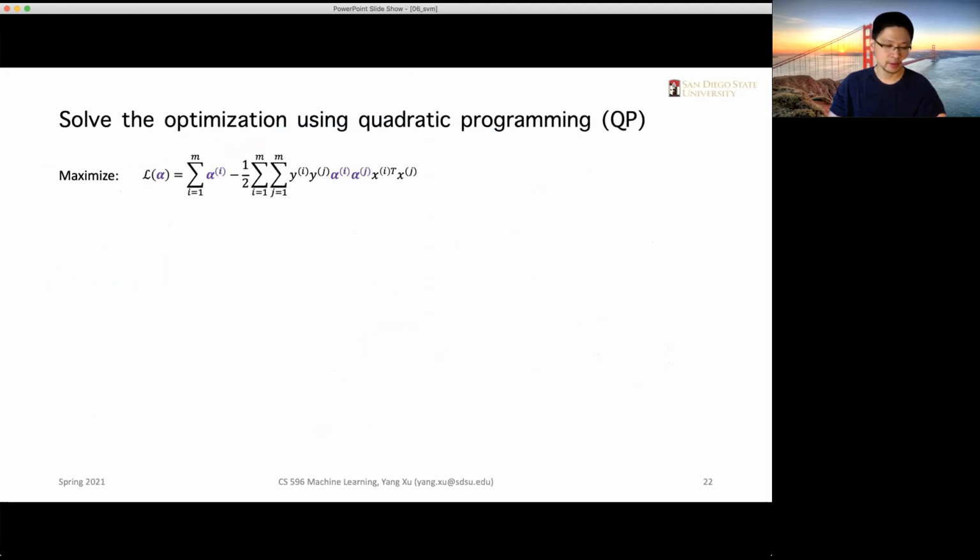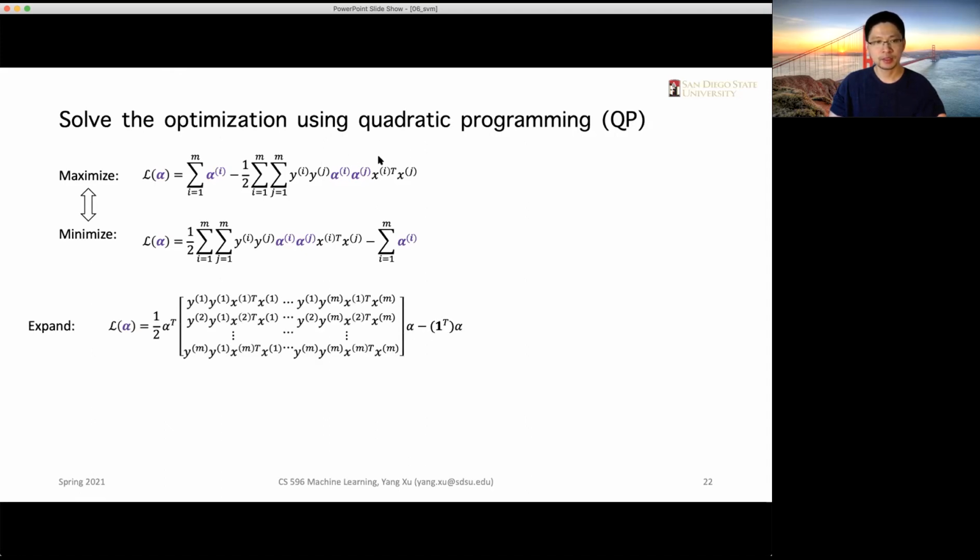In Python, there are also standalone packages that you can install to solve it. So we'll make a little change to turn the maximization problem into a minimization problem by simply multiplying it by -1.